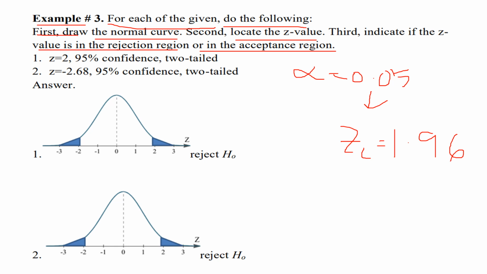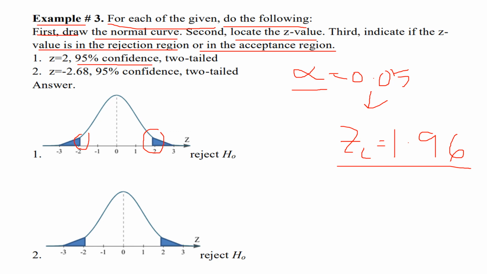1.96. That's why if you look at this, the border between your non-critical and critical regions will be equal to your critical value, which is positive and negative 1.96 if your confidence interval is 95% and your level of significance is 5%.